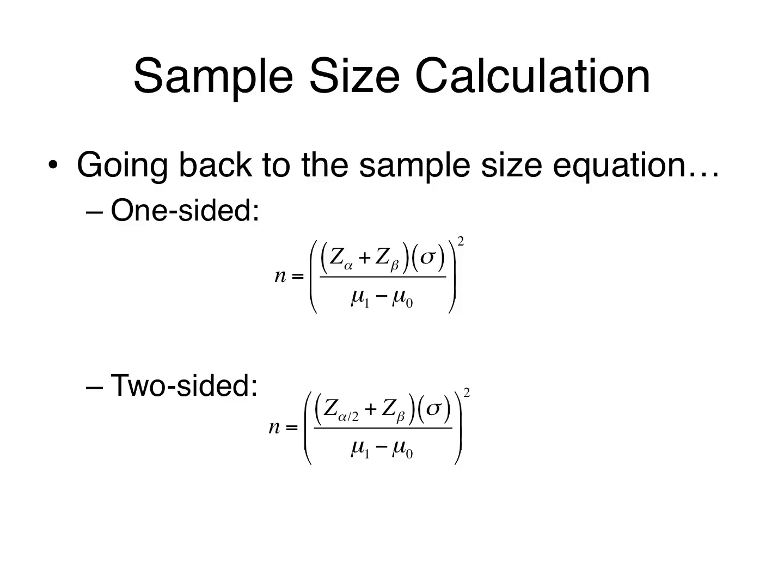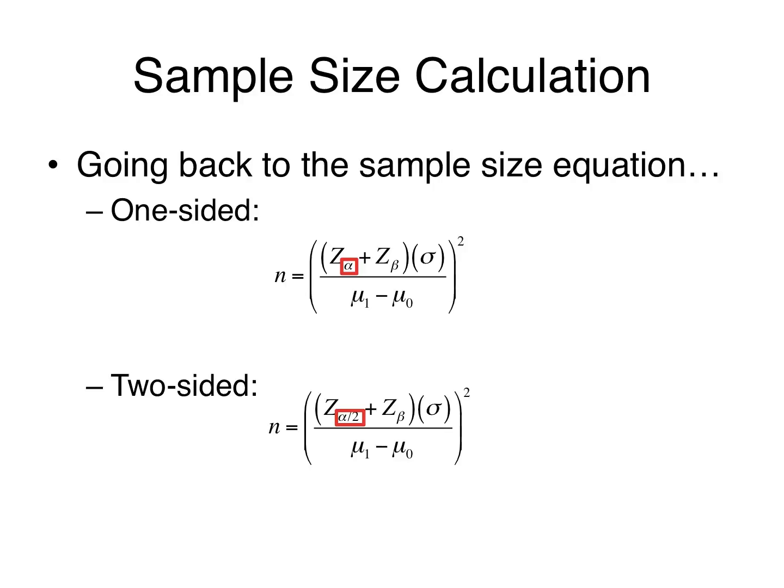So there are two different formulas for determining sample size, depending on whether you are doing a one-sided or a two-sided test. The only difference in the sample size calculations for a one or two-sided test is the Z alpha, the value of Z with an area of alpha in the tail or tails. So for example, with an alpha or significance level of 5%, the most commonly used alpha, your Z alpha will be 1.645 if you're doing a one-sided test.